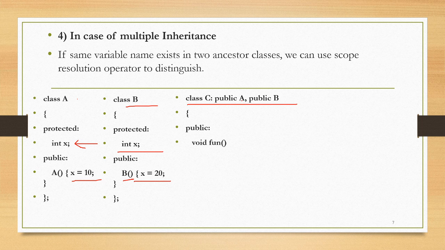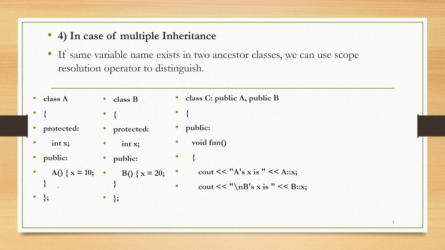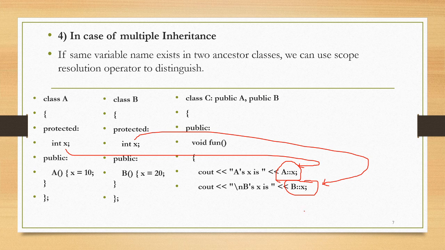In class C we have inherited A and B, and in the public section we have the method function, and this is the way to call A's x, nothing but this x, and B's x, nothing but this x, by using the scope resolution operator.